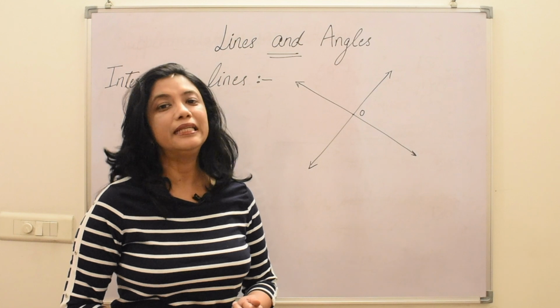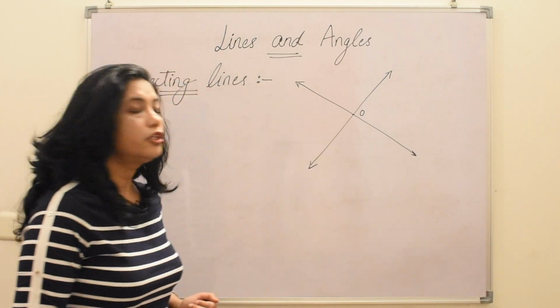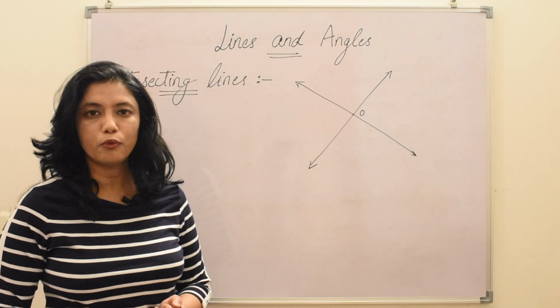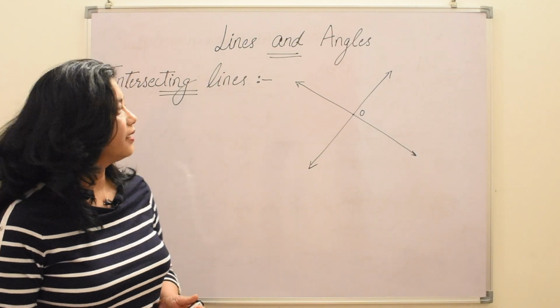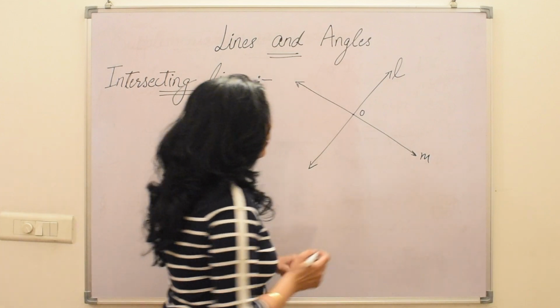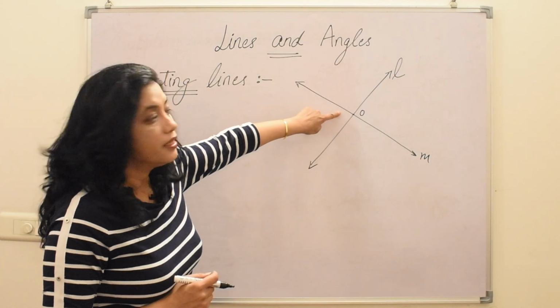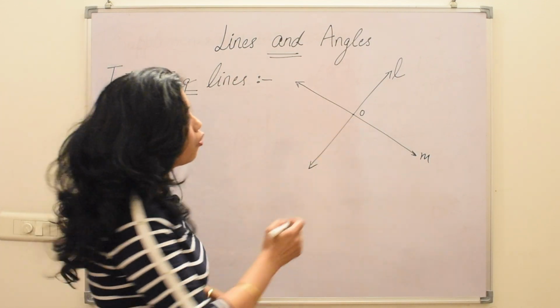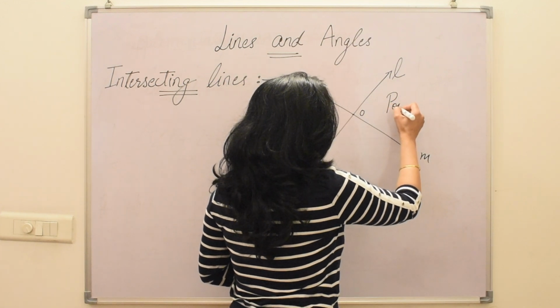Let us learn about intersecting lines. Whenever two lines meet at a common point, they are called intersecting lines. See here, line L and line M, they are meeting at a common point. This common point O is called the point of intersection.